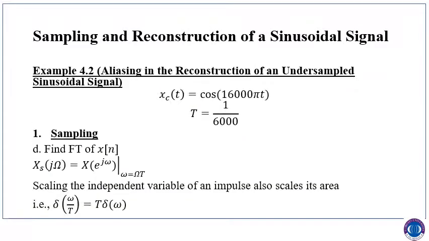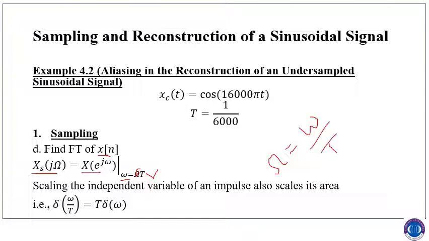As I told you in the previous slide, if you want to obtain the Fourier transform of x of n, you have to convert the sampled impulses' Fourier transform into X(e raised to the power j omega), and this can be done by scaling capital omega with T. If you multiply capital omega with T, you get small omega, which is the discrete time Fourier transform. Because we are doing this, we are replacing omega with this.